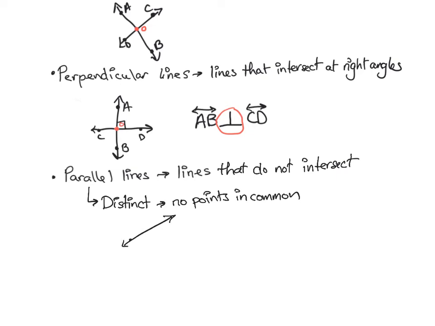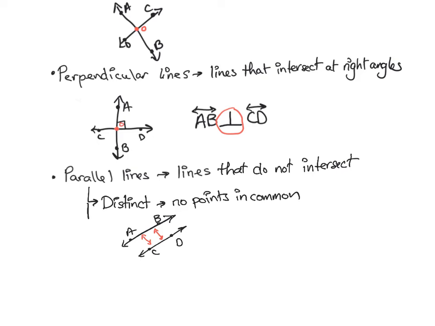So you have AB, and you have CD, and they're equally distant in between at all points, and therefore they will never actually hit one another.